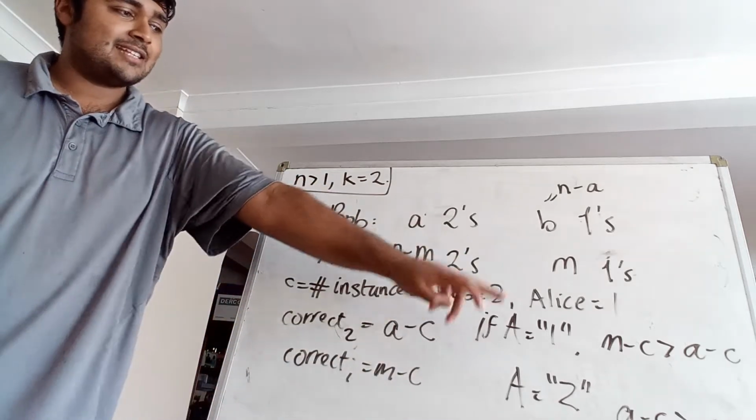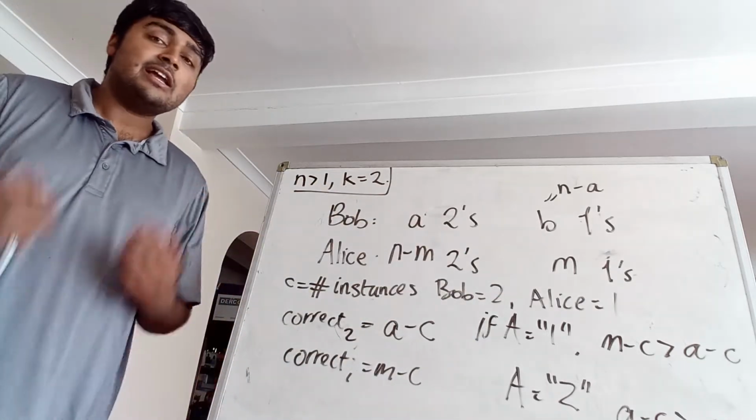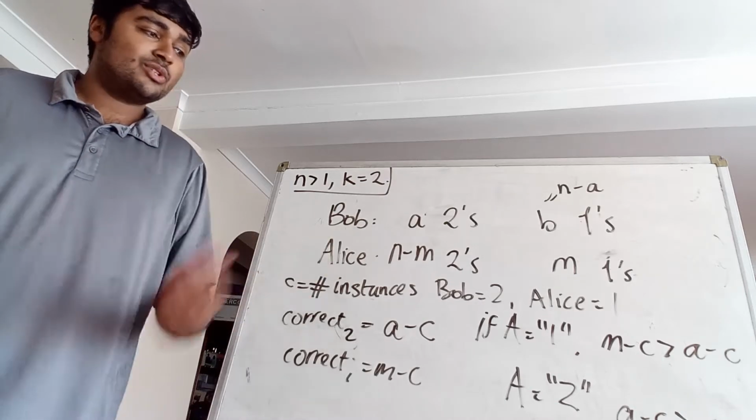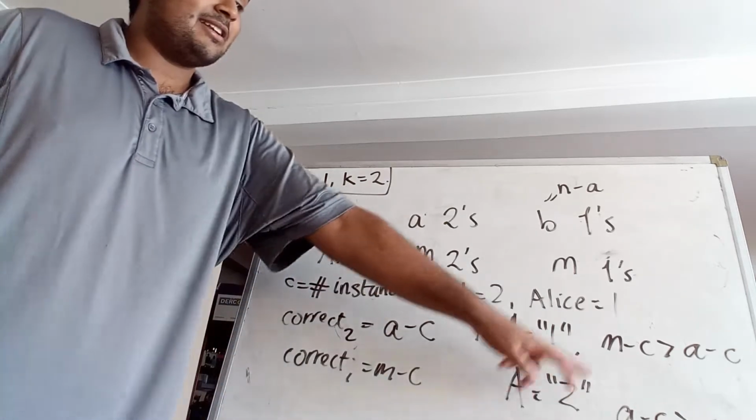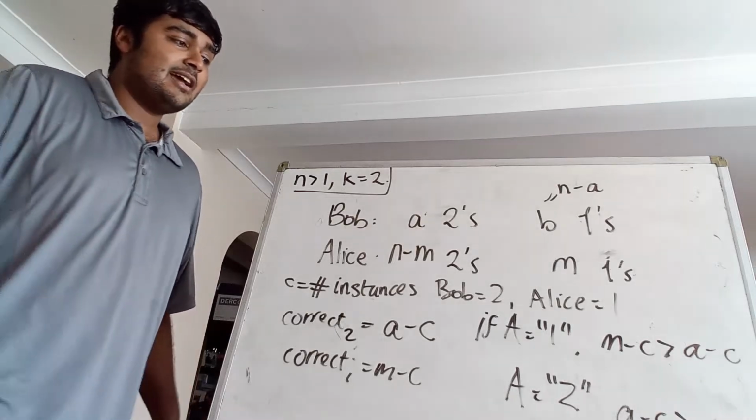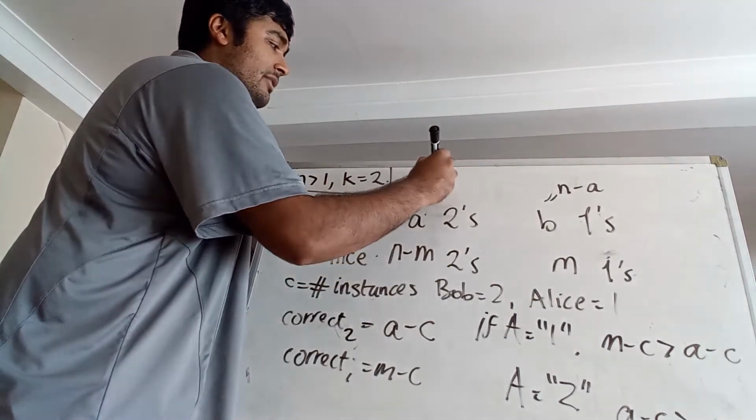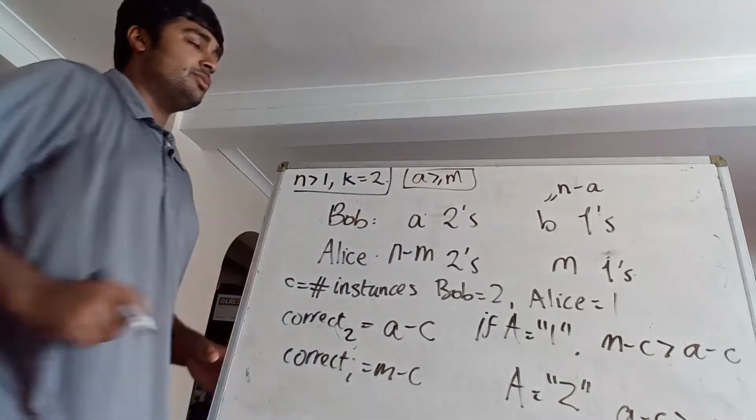So whatever Alice says, 1 or 2, all it's going to tell us is if A minus C is bigger than or equal to M minus C. And obviously this inequality is equivalent to A being bigger than or equal to M.